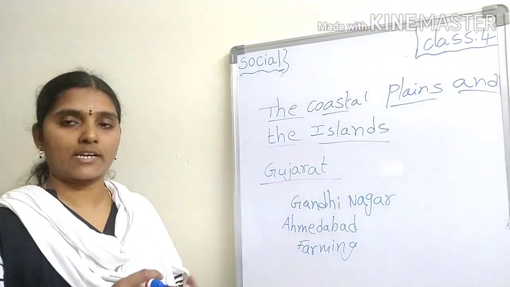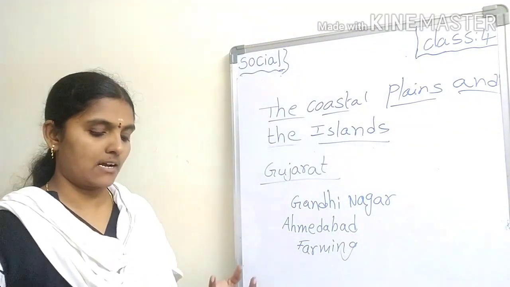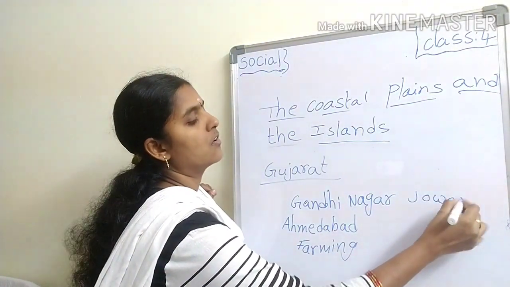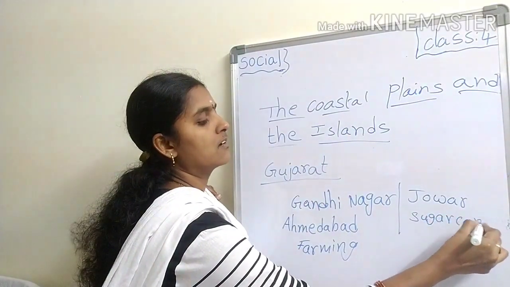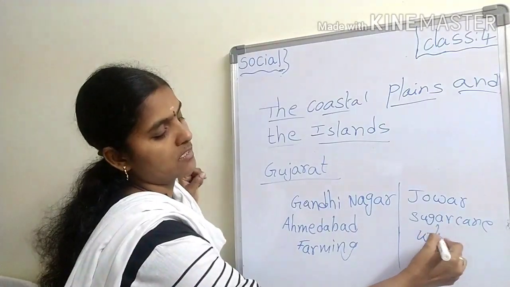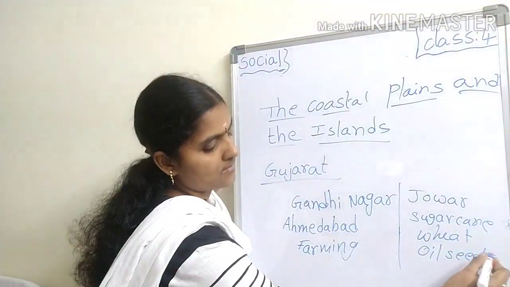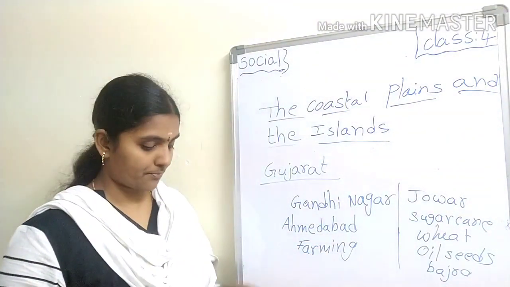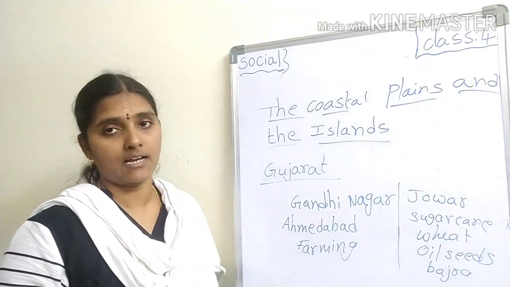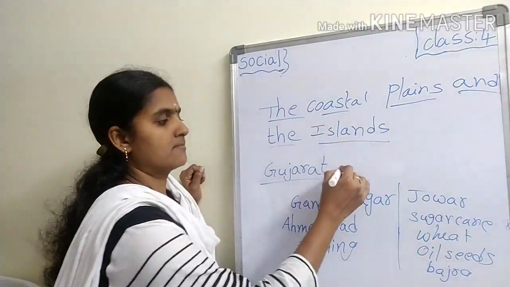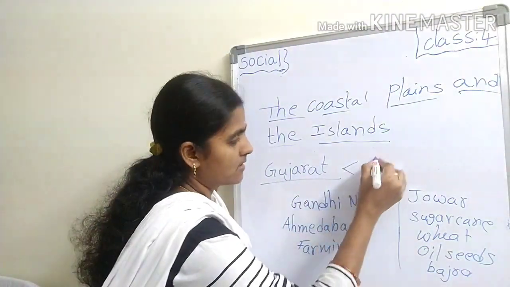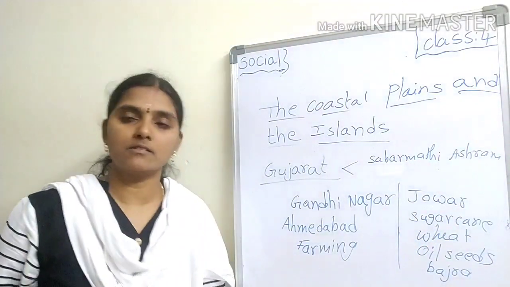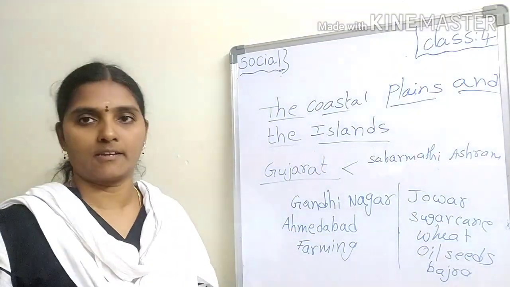Jowar, sugarcane, cotton, bajra, oil seeds and wheat are also grown here. The famous Sabarmati Ashram is located here. Understood?